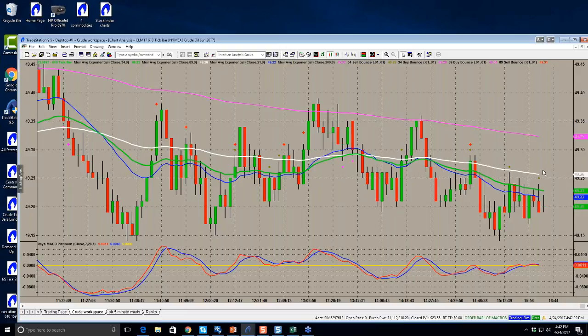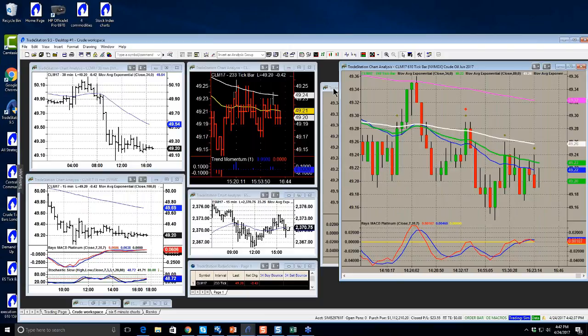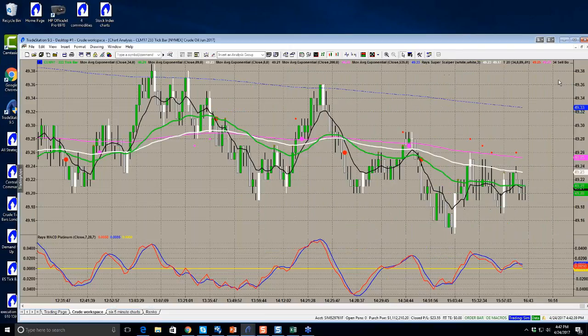Its value of the 89 is 49.26. Take a look at the tick chart now of the 233, and the 200 is very close. That's 49.25. So the reason I'm saying this, you can now look at this one chart, the 233 tick chart.